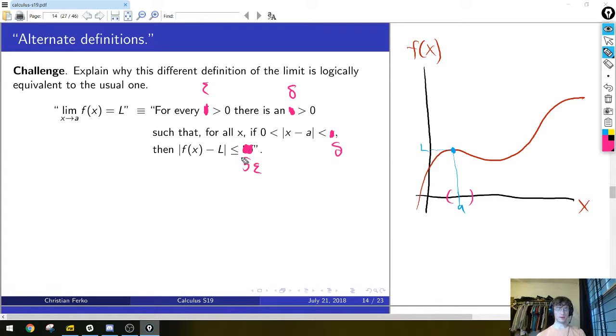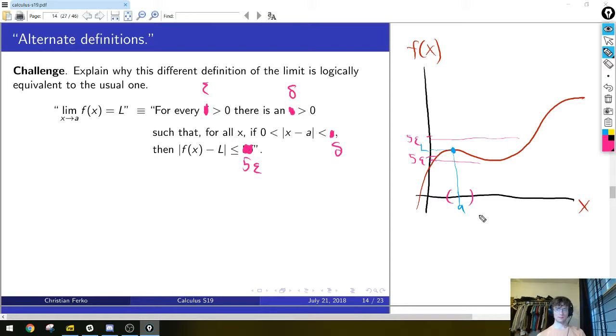Okay, so you're saying the fact that it's 5 epsilon rather than epsilon here should not change the statement. So why is that? Naively you would say, 5 epsilon's a lot bigger than epsilon, right? So if this is 5 epsilon in either direction, then why is the statement of the definition of the limit unchanged by that scaling?